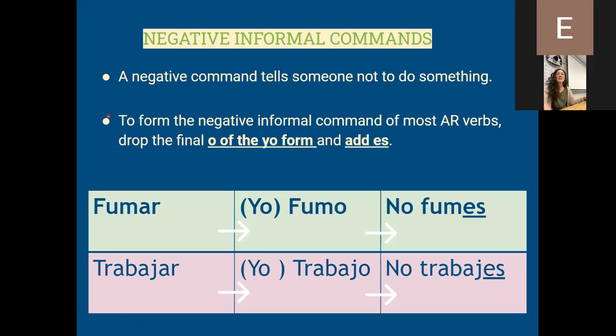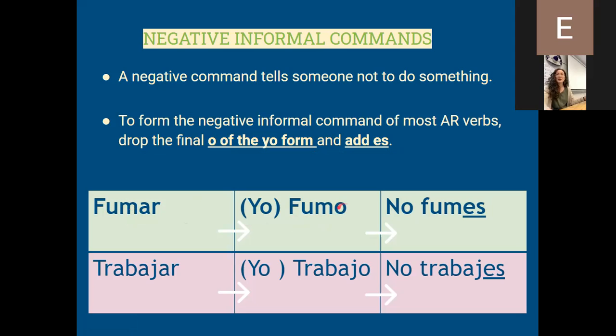To form a negative informal command of most AR verbs, you drop the O from the yo form and add an ES. So the verb fumar is to smoke. So the yo form, I smoke, would be fumo.